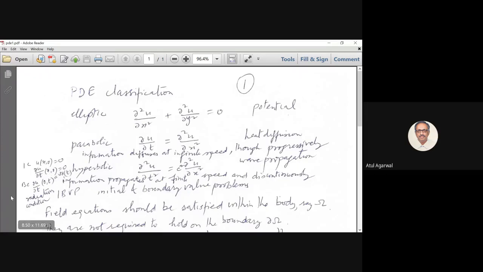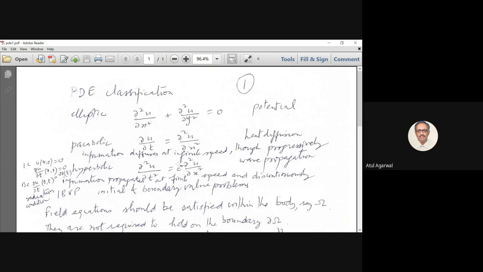And boundary conditions. If it is an infinite domain, you have one boundary condition. Suppose this is a semi-infinite domain. Your boundary starts from x equal to 0 and goes to infinity.